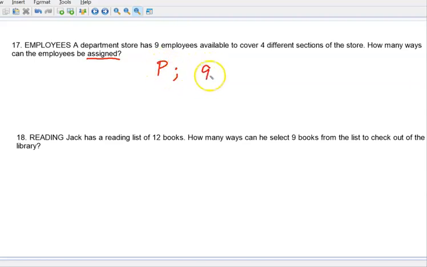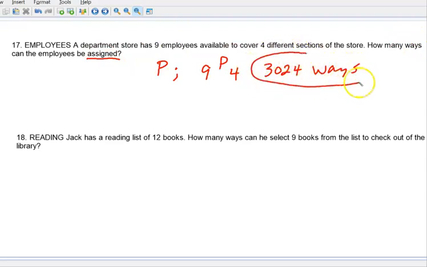And so 9P4 in our calculator, 9, MATH, PRB, NPR, 4, and that's 3,024. How many different ways can they be assigned? You can just say 3,024 ways that those 9 employees could be assigned to these 4 different sections.